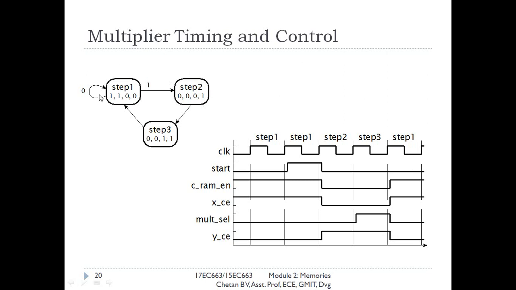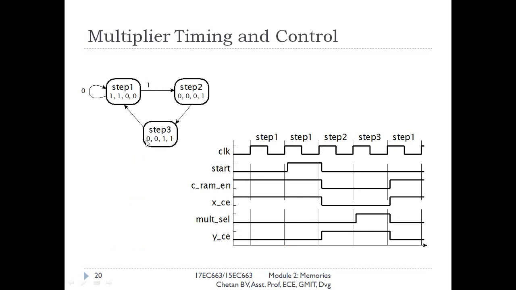So this is the FSM, the transition diagram of the FSM. Here you can see in step 1, that is the idle state, we are waiting for the start signal. If the start signal is 0, we remain in step 1. We move to step 2 on the arrival of the start signal. From step 2, we unconditionally move to step 3.